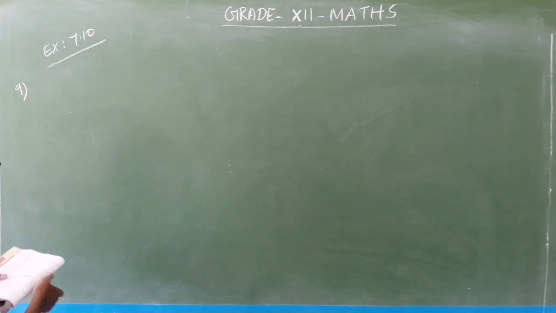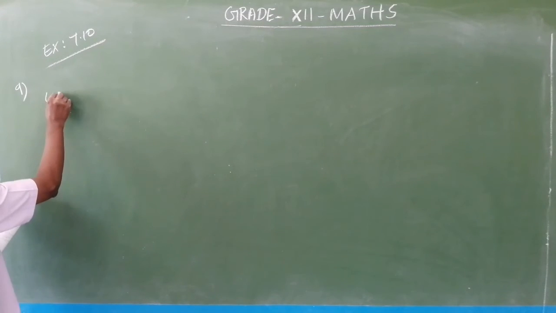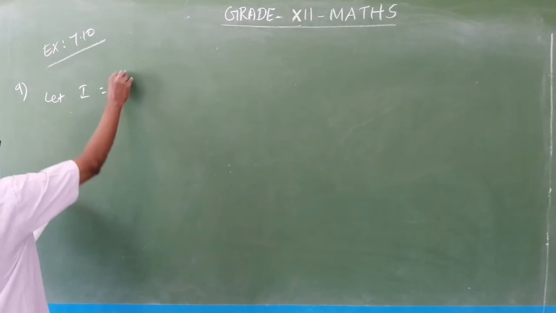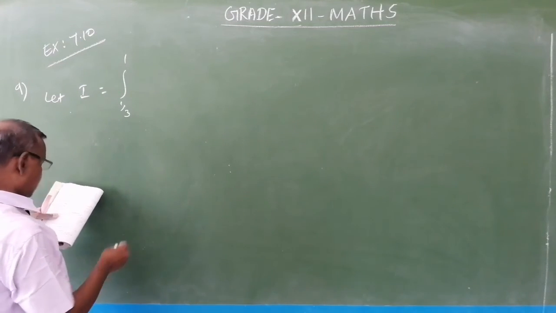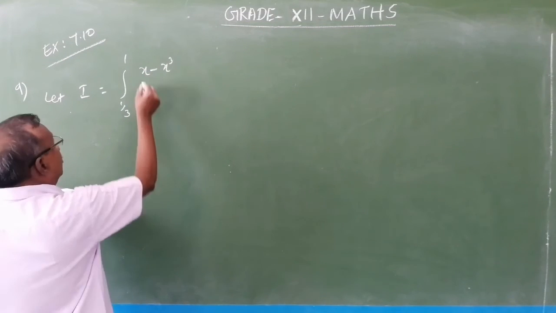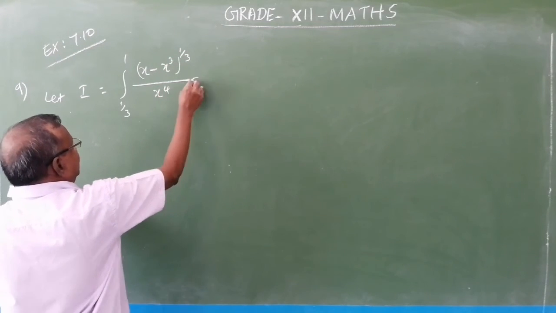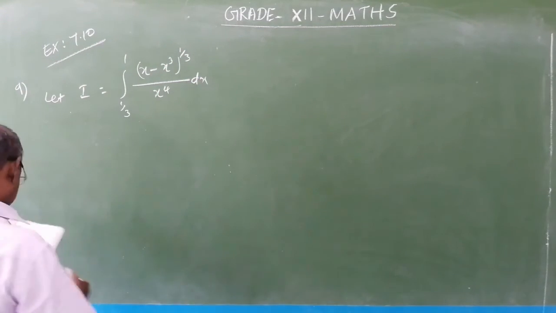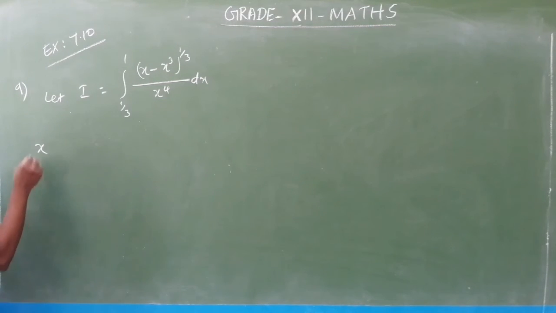So this is the answer, e power 2 by 4 into e power 2 minus 2. Next, question number 9. The value of the integral: assume that I equals the integral from 1 by 3 to 1 of (x minus x cube) whole power 1 by 3, divided by x power 4, into dx. Let us simplify this.